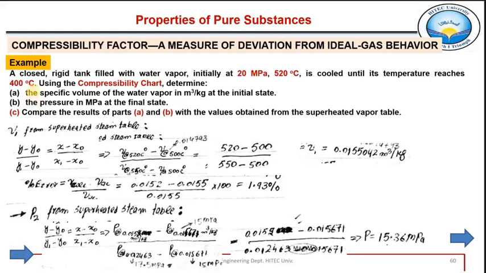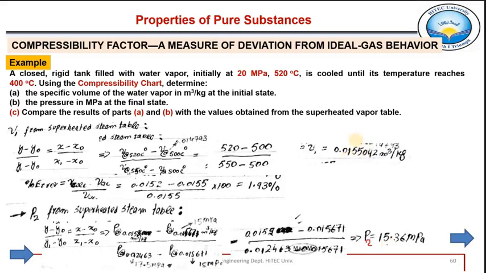Before, we calculated V1 and P2 using the compressibility chart. Now we have the same V1 and P2 using the superheated steam table.